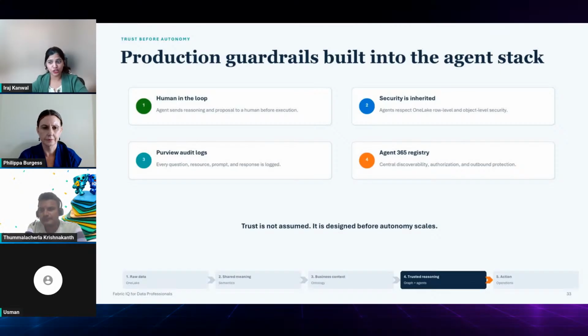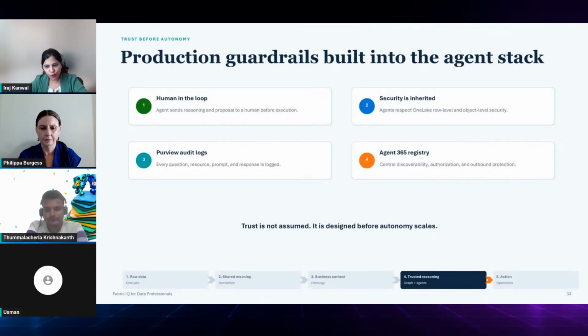The agent should not become a side door around the permissions. If a user cannot see certain data in Fabric, the agent should not reveal it. And we have Purview audit logs that provide traceability, showing who asked, what resources were accessed, and what answer was returned. We also have the agent registry and output protection that help manage discoverability, authorization, and data exfiltration risk.